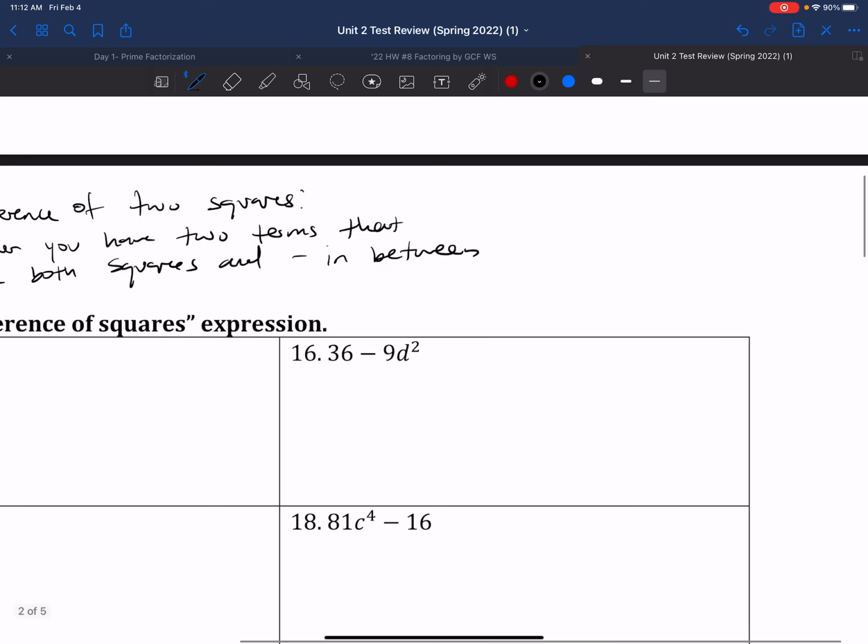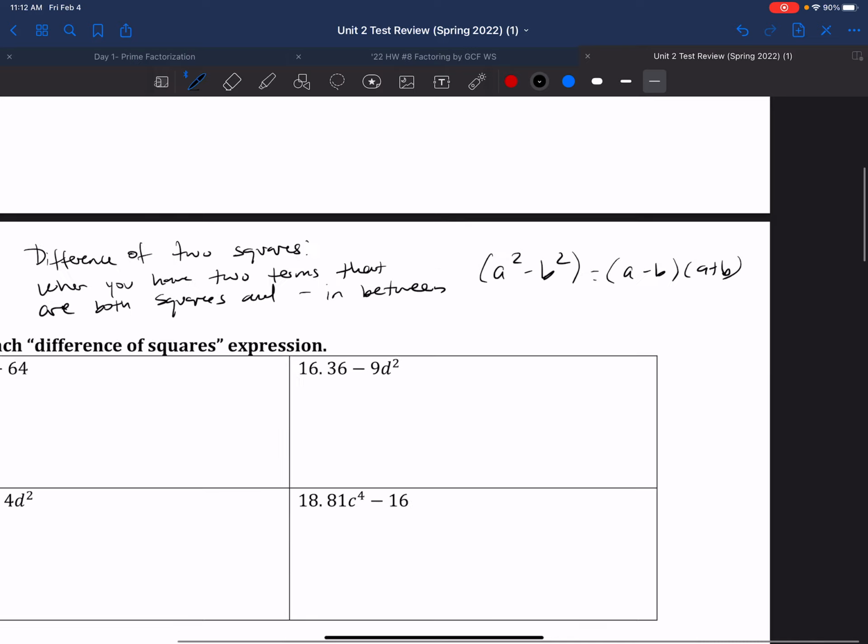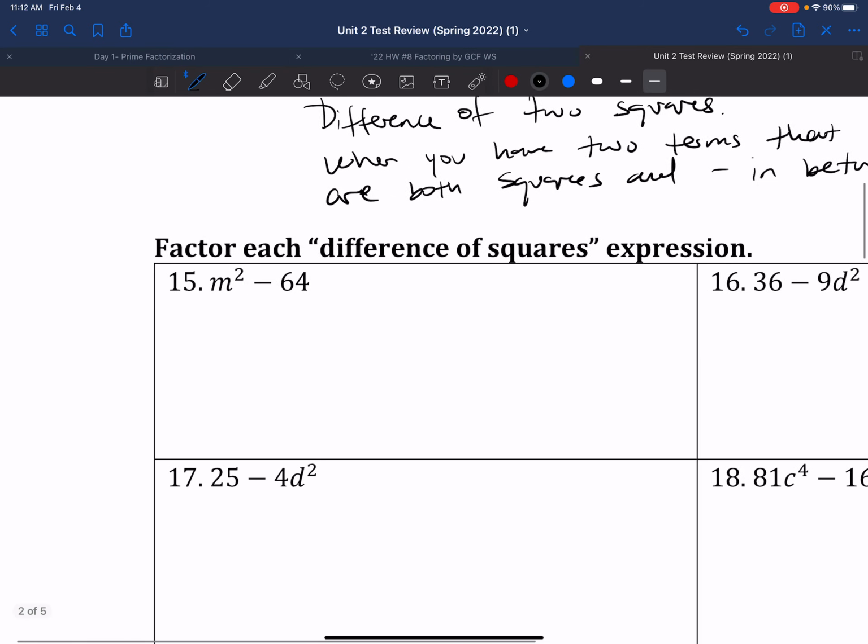You want to just remember the format. If you have something like a squared minus b squared, that's the same thing as a minus b times a plus b, right?